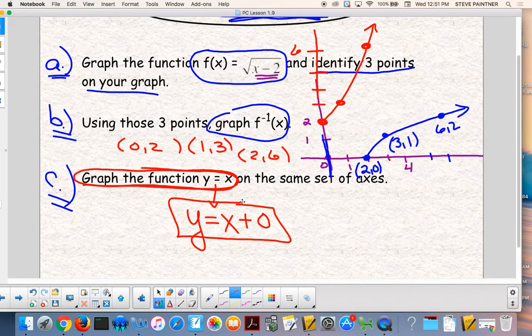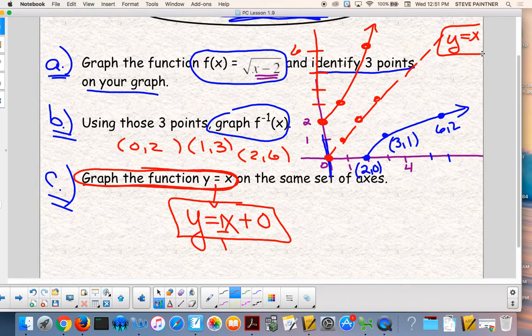So it crosses the y-axis where? 0, there. Slope is what? 1 over 1. So over 1, up 1, right 1, up 1, right 1. And if you kept the pattern going, it goes like this, doesn't it? So there goes your line y equals x. Anybody have any clue why I made you do that?